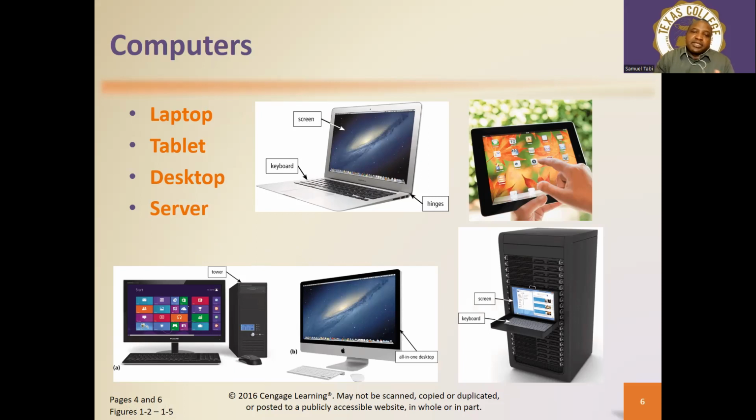For example, the server is a computing device with very high processing speed and very huge storage capability. It's used mainly for the purpose of providing resources or services to other computing devices. And of course, you have a tablet, which would, for the most part, have what is referred to as a soft keyboard, which is inbuilt within the tablet.